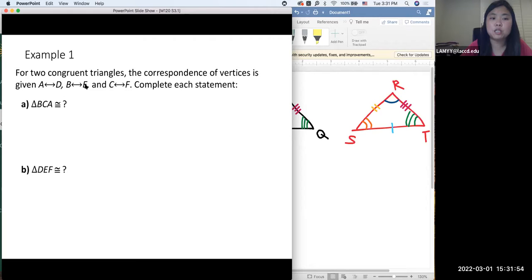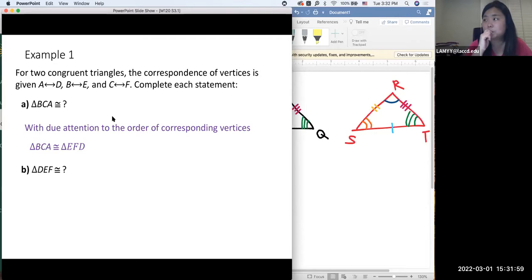B corresponding to E. So E, F, D. Good. Second one. Triangle ABC. Good. ABC.